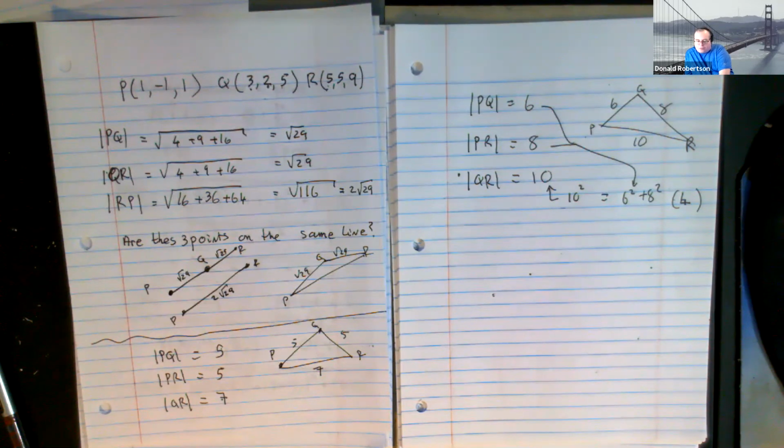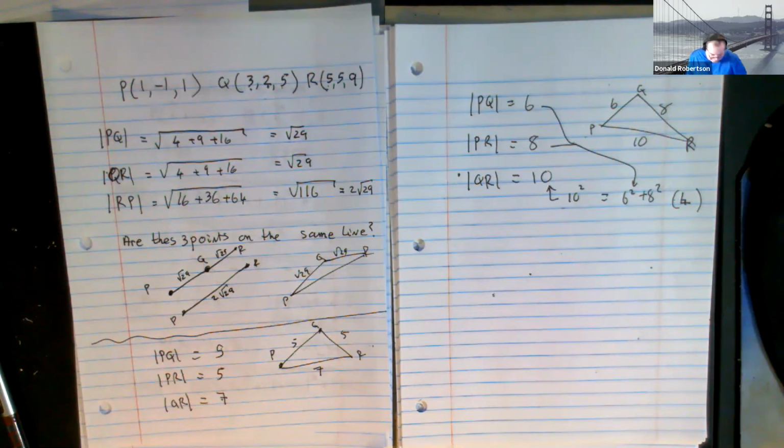Is it possible to have a question where you could say yes to being isosceles and yes to being right angled, and there isn't a contradiction there? Could you get a right angled triangle that's isosceles as well?